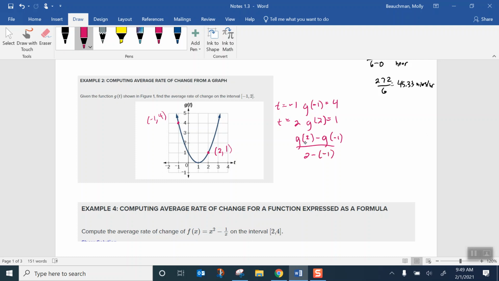So the y value, g of 2, is 1, so I get 1 minus g of -1, which is 4, over 2 minus a negative 1, which is 2 plus 1. I end up with negative 3 over 3, which equals negative 1. So the average rate of change over the interval is negative 1. If you were to draw a straight line in between these 2 points, then the slope of that straight line would be negative 1.